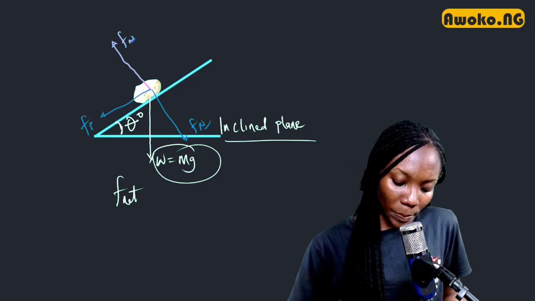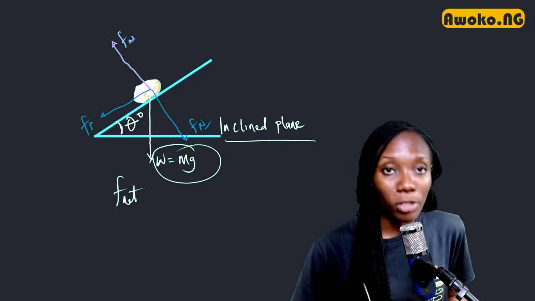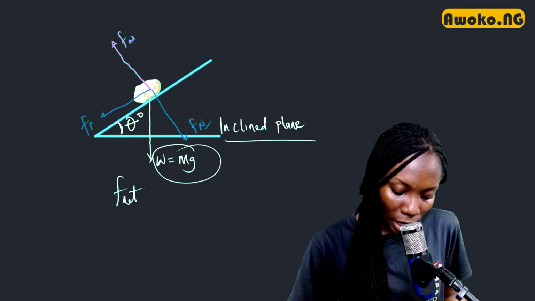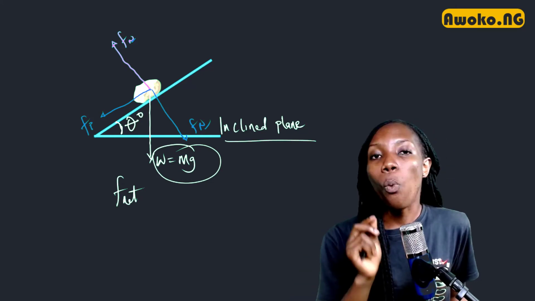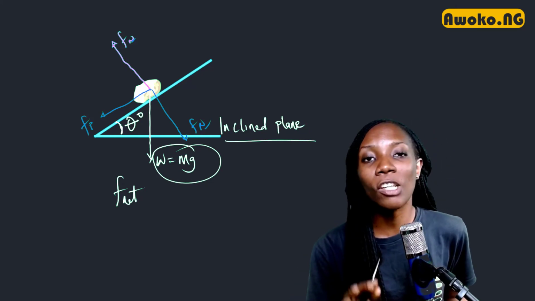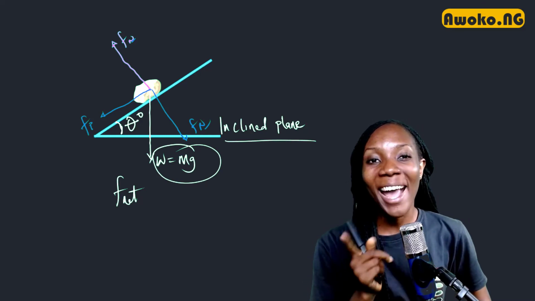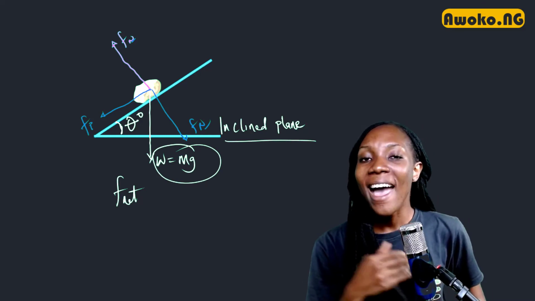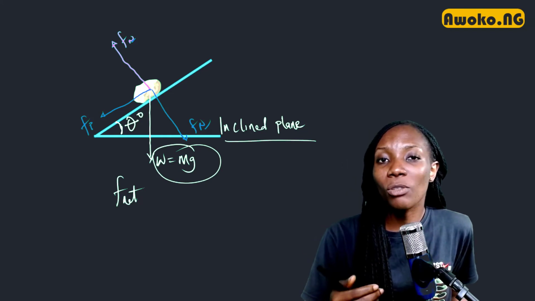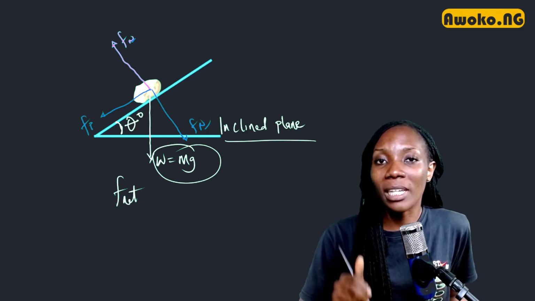That is, this perpendicular component of the force of gravity is seen to balance the normal force, while the parallel component of the force of gravity is not balanced by any force at all, and therefore causes the object to accelerate down the inclined plane.